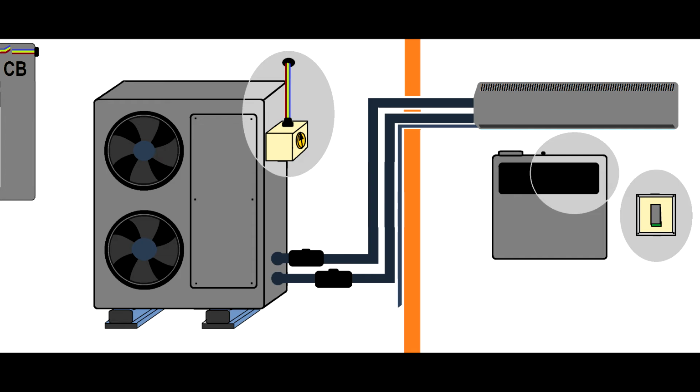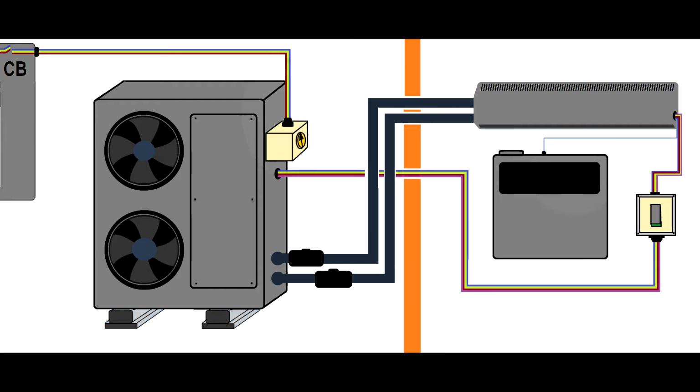This is where the unit consumes the most, where the compressor is, and actually where you control the heating and cooling capacity. You also have the indoor power supply and the control wiring.